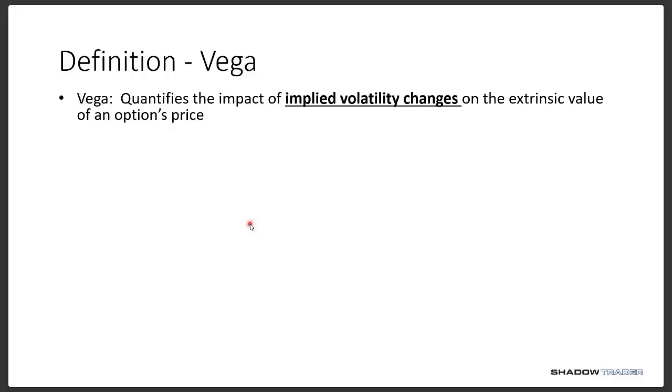It's a change based upon a 1% movement in the implied volatility from day to day. So a 0.04 Vega means that if implied volatility changed by 1% from yesterday to today, you could see that 0.04 change in your option pricing on the extrinsic value only.